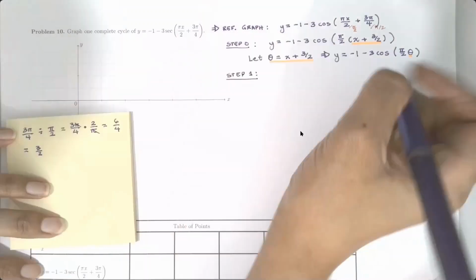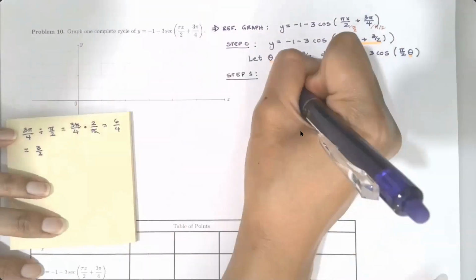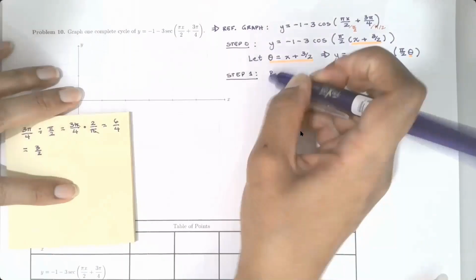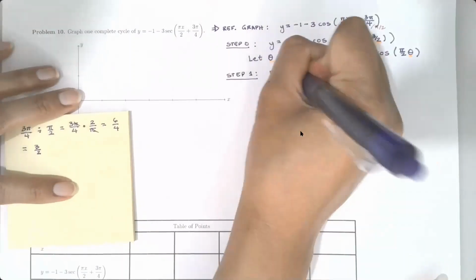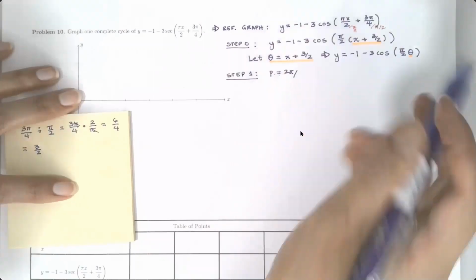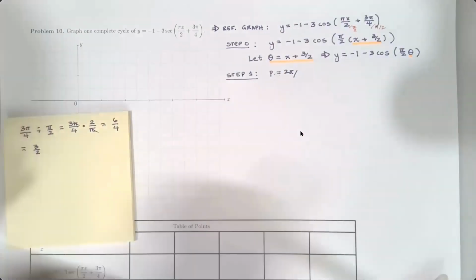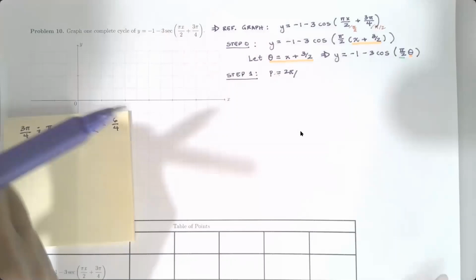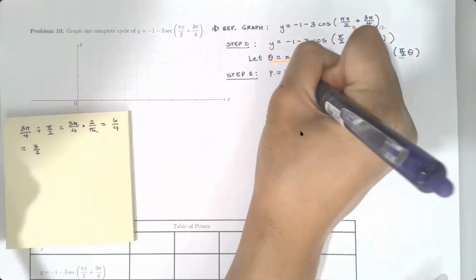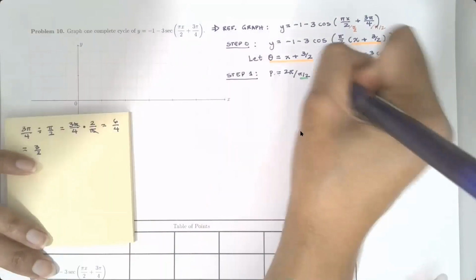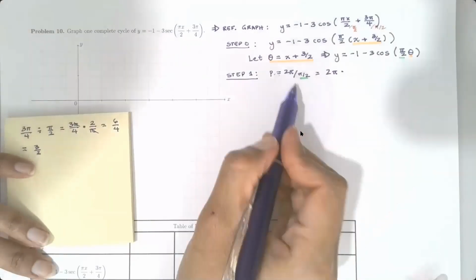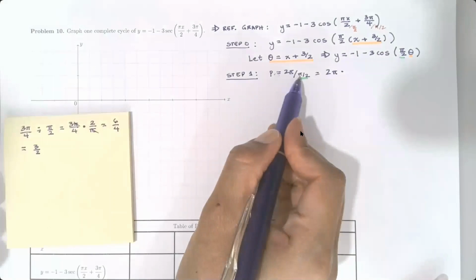Okay, so now we can find the period. The period is going to be 2 pi divided by b. And b in this case is this pi over 2. So that means we have 2 pi times, remember that dividing is the same thing as multiplying by the reciprocal.